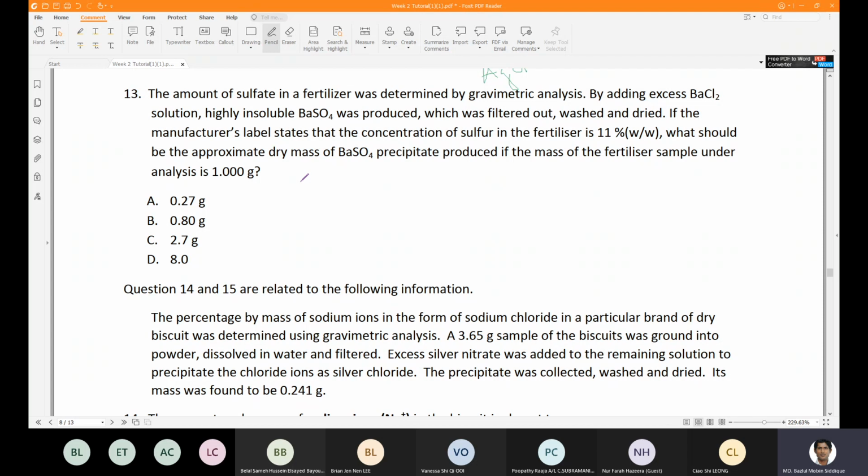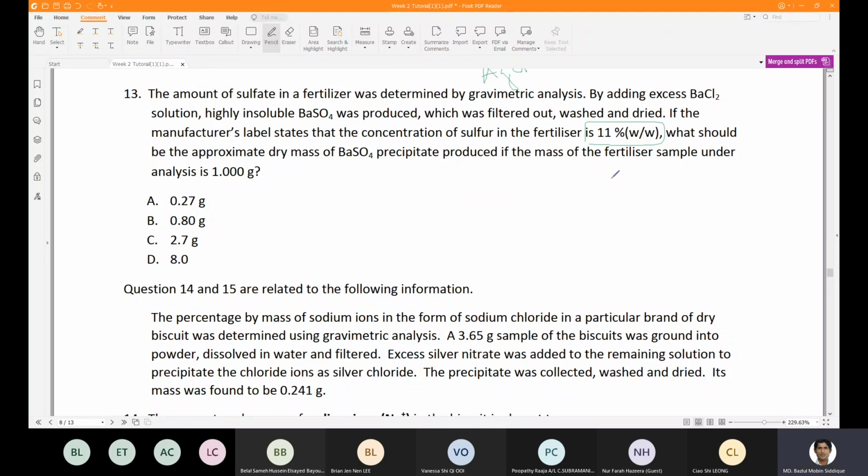So if the manufacturer says that 11% of the fertilizer is sulfur, whether they're saying truth or not, right? If you have a garden at home, or if you do gardening or have some plants in a vase, you probably put some fertilizer sometimes, so you can check in that way too. The manufacturer says 11% weight by weight fertilizer is sulfur. So whether they are saying the truth.